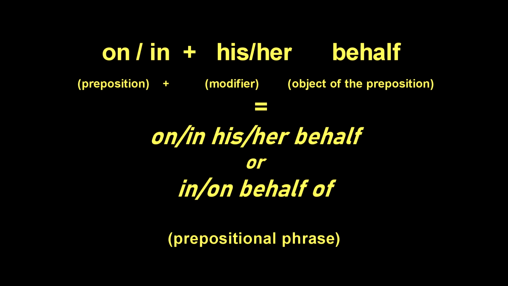In the case of in his behalf, in is the preposition, behalf is the object of the preposition, and his is the modifier of the object of the preposition. And in on his behalf, on is the preposition, behalf is the object of the preposition, and his is the modifier to the object of the preposition. And that is the explanation why on his behalf and in his behalf are prepositional phrases.